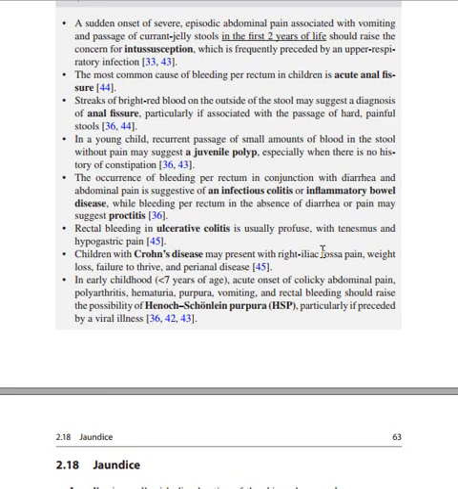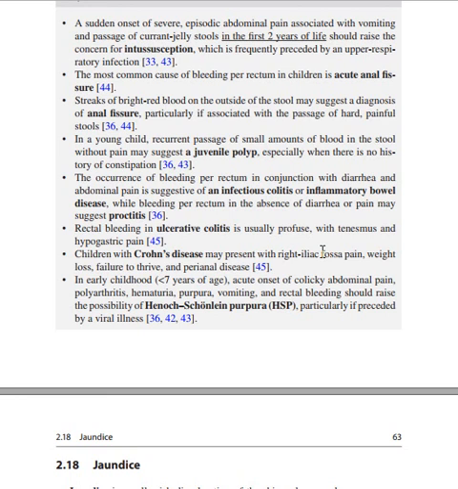In early childhood, less than 7 years, acute onset of colicky abdominal pain, polyarthritis, hematuria, purpura, vomiting and rectal bleeding suggests the possibility of Henoch-Schönlein purpura, especially when preceded by a viral illness. Henoch-Schönlein purpura can be due to a viral infection or to Neisseria meningitidis infection. It presents with polyarthritis, hematuria and purpura.